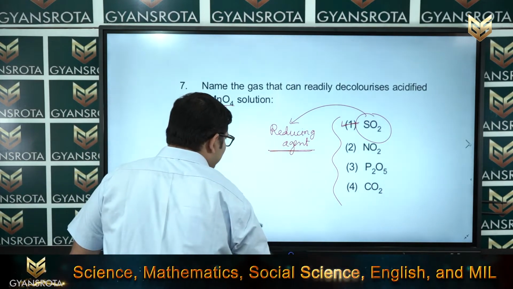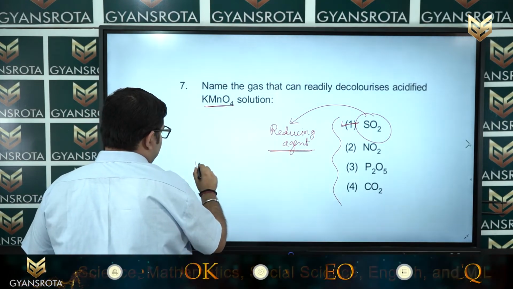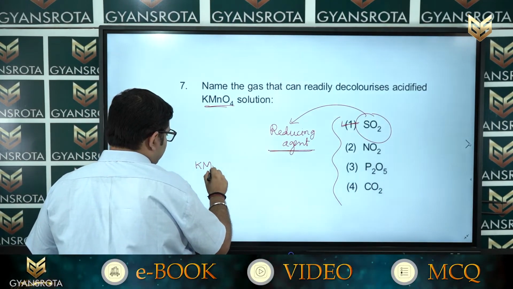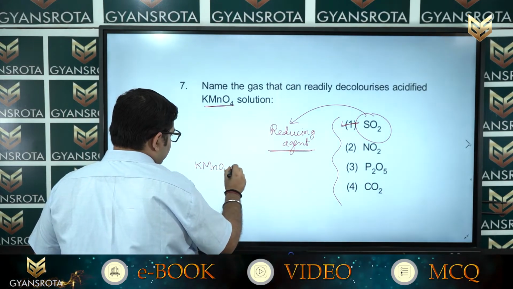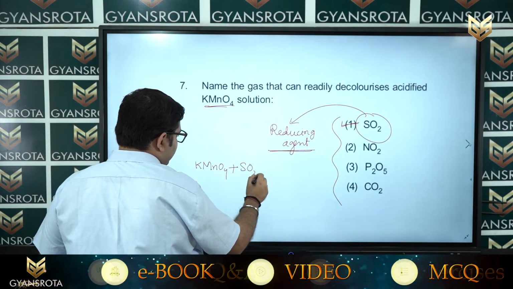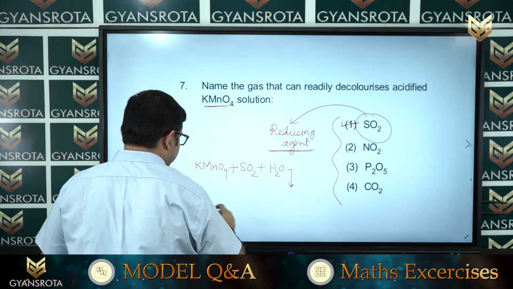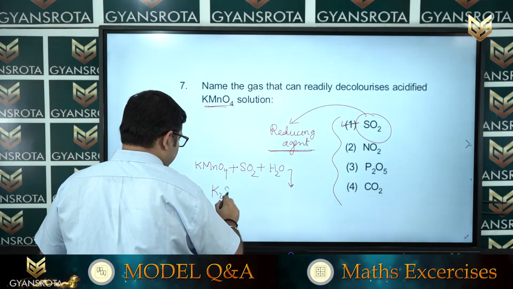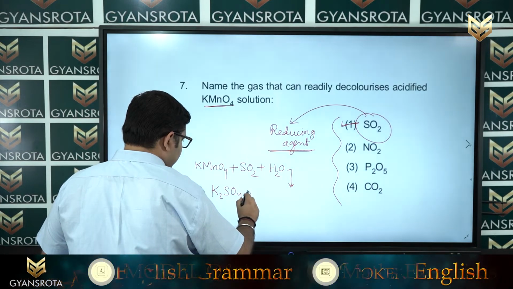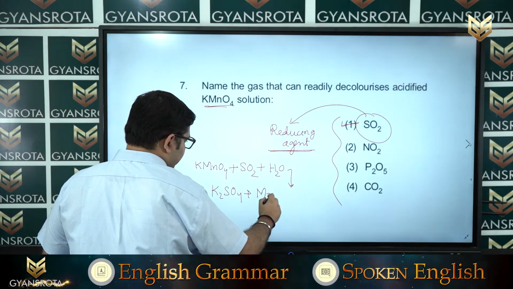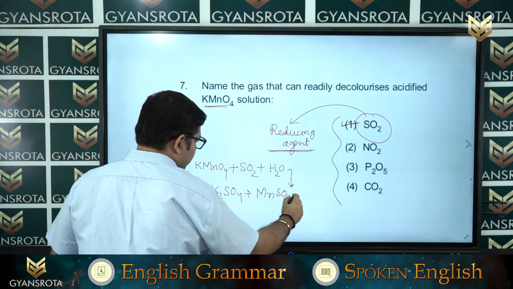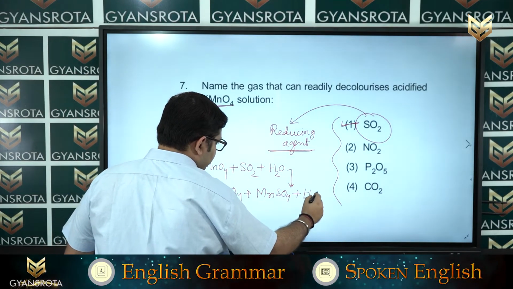Now, I will give you the reaction, how it will be formed: KMnO4 when it reacts with sulfur dioxide and water, it will give K2SO4 plus MnSO4 plus H2SO4.